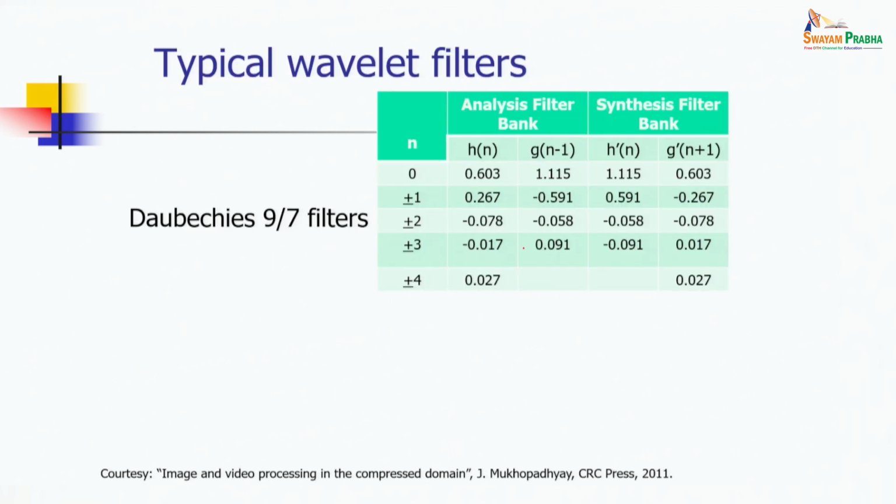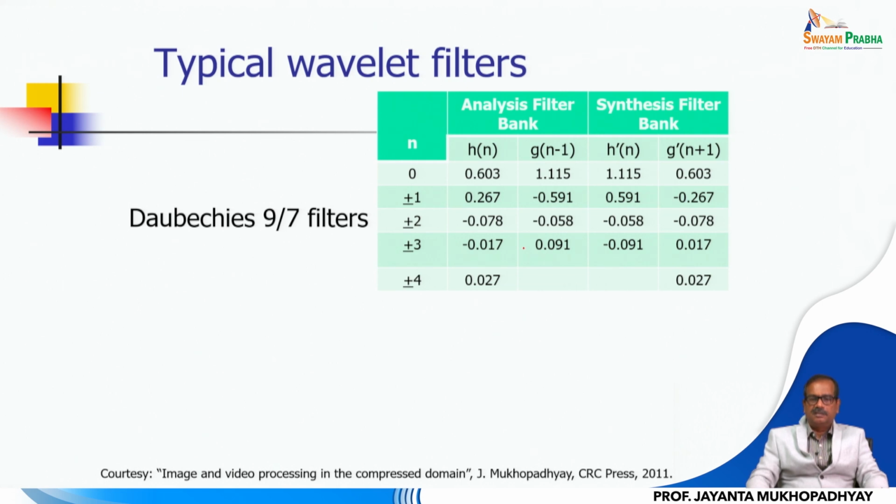I mentioned that. Some of the typical wavelet filters that we may consider, I am just giving you two examples. One is Daubechies' 9x7 filters. Daubechies is a very renowned scientist who did pioneering work for wavelet analysis and synthesis.